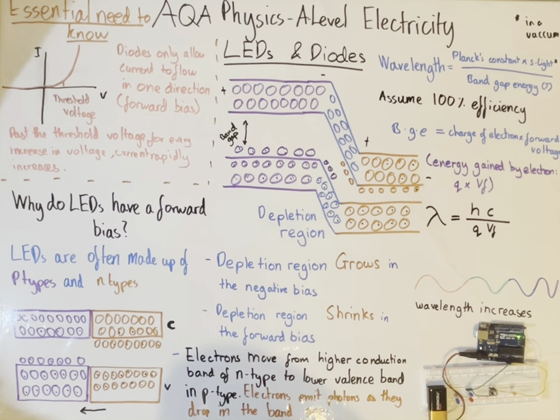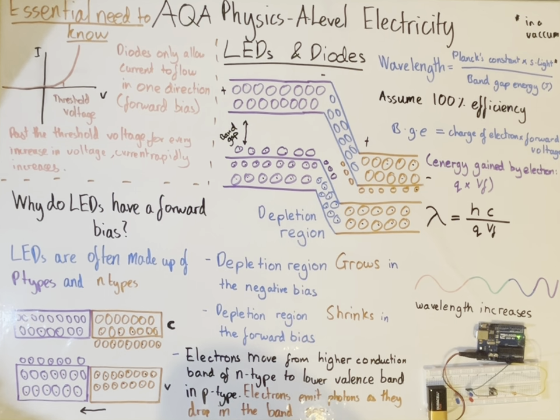And we can see that if we increase the voltage supplied to our LED, we're going to get a smaller wavelength. So if I have an increased voltage, I'm going to get a blue light emitted. But if I apply a smaller voltage, I'm going to get a red wavelength.